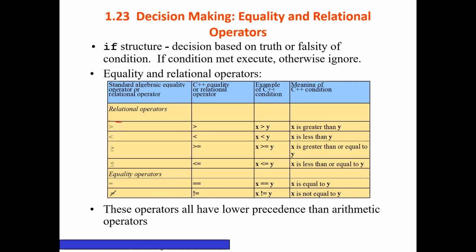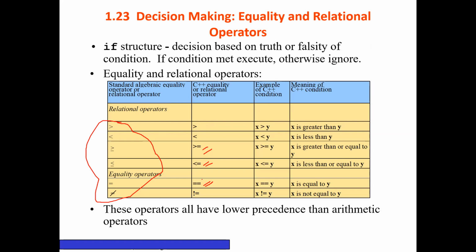So these are the relational comparisons which we usually make with mathematical values. And in C++, we have these operators for implementing these operations. We have greater than, less than, greater than or equal to, less than or equal to, and this is the comparison operator for equal to.